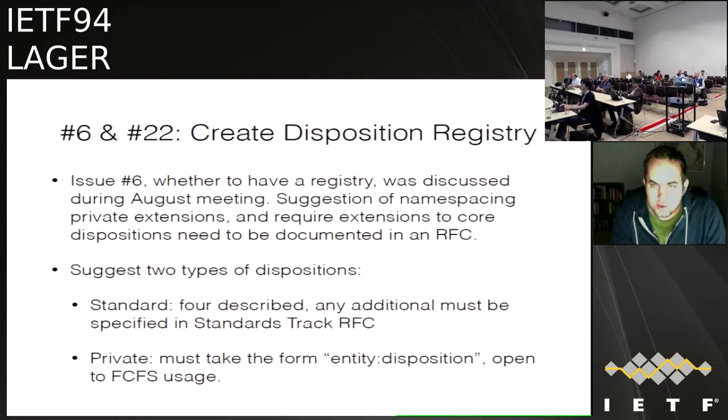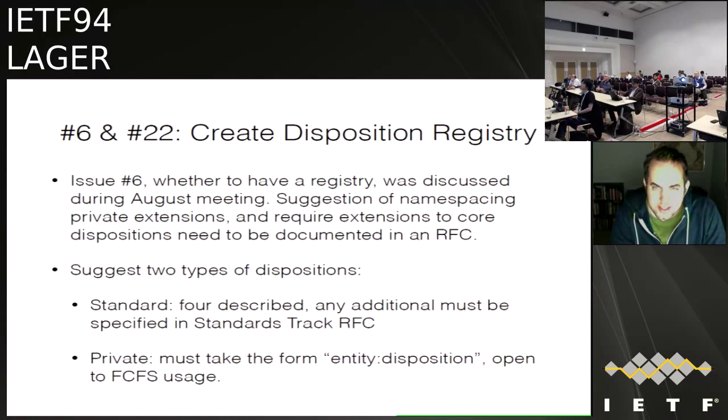The next issue is creating a disposition registry. In the document, there are 4 suggested dispositions. These are actions that are taken as a result of a calculation against an LGR, such as to allocate a domain, to block a domain, and so on.